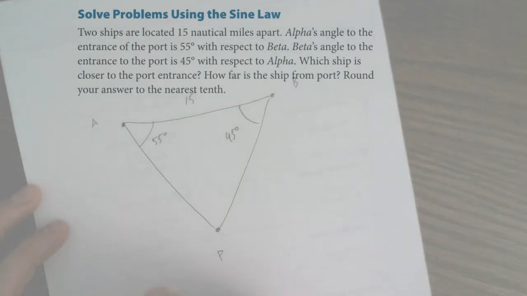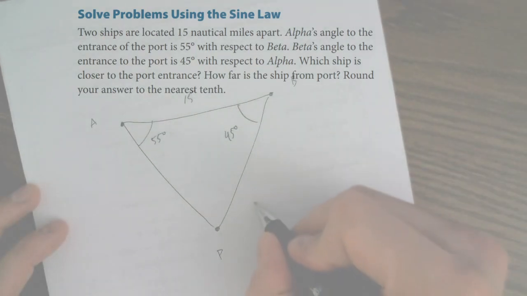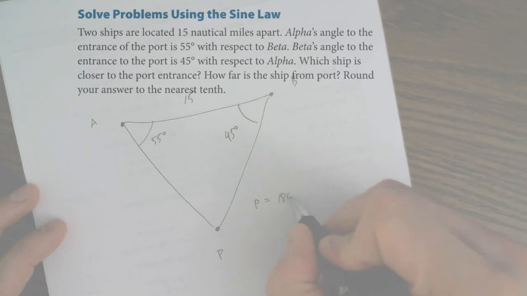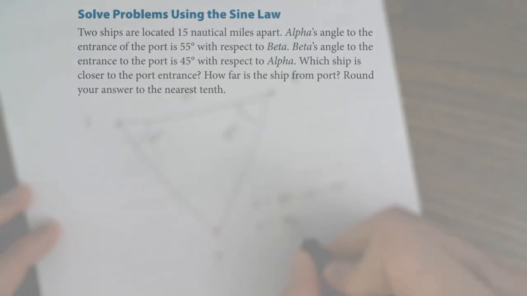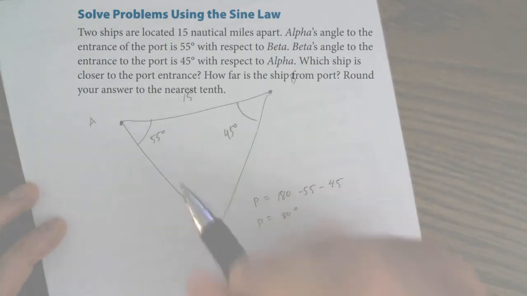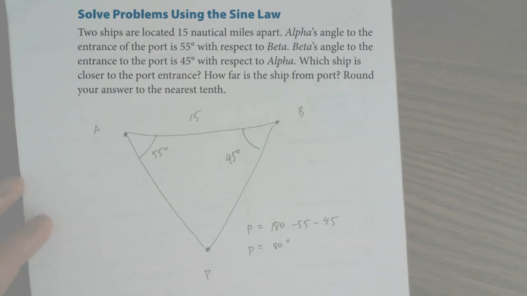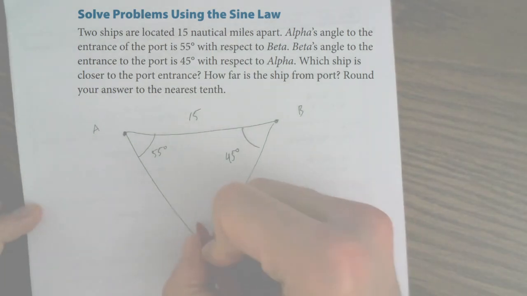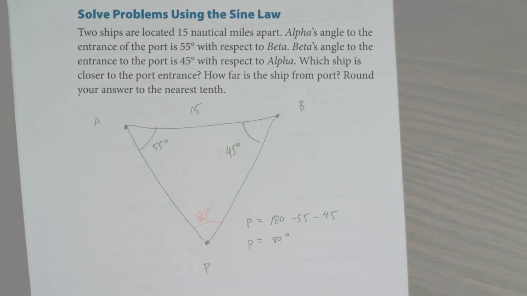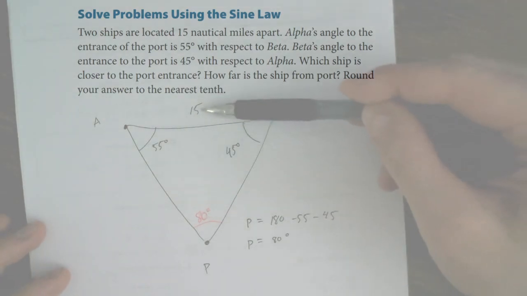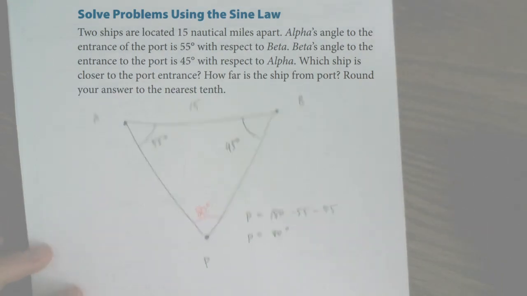So angle P in this case is going to be 80 degrees, so we can add that to our diagram. Now we have an angle across from a side, which is useful.